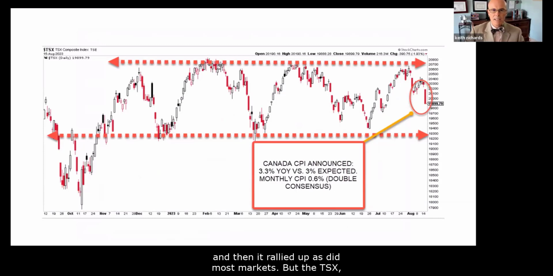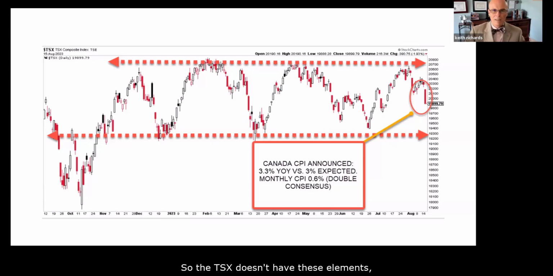But the TSX, unlike the S&P, because of S&P's technology influence, and I've talked about that probably too much on my blogs and videos, the S&P has been largely driven by those technology stocks, in particular the seven magnificent seven.